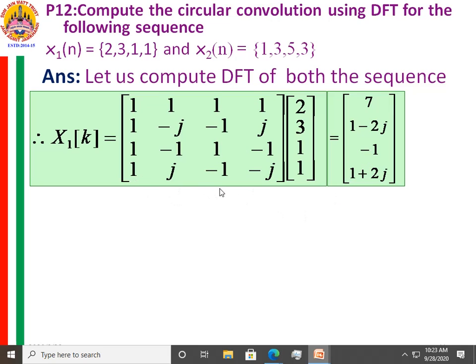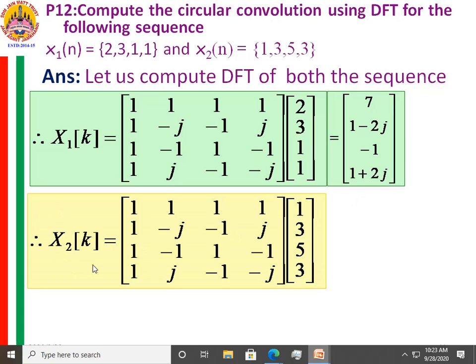And similarly here you have 2 and minus 1 is plus 1. This is 3j and this minus 1 plus 2j. So 7, 1 minus 2j, minus 1 and 1 plus 2j. Similarly, you obtain x2 of k. Now you take here x2 of n and multiply rows with column and perform the matrix multiplication and obtain x2 of k.